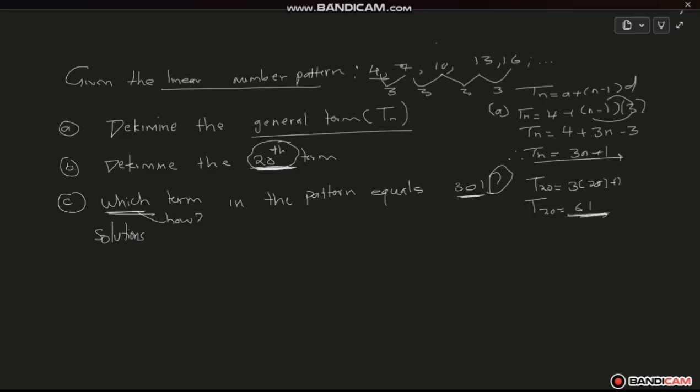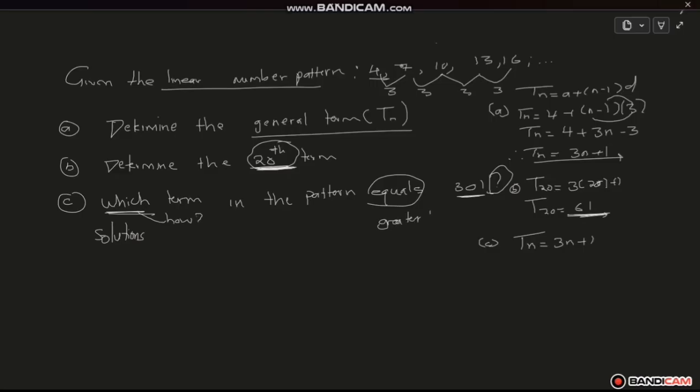You cannot answer these questions if you do not have your general term that represents the formula. So Tn represents the pattern. You must write that was B, then Tn equals 3n plus 1, then where there's Tn, substitute 301 because that's a question.